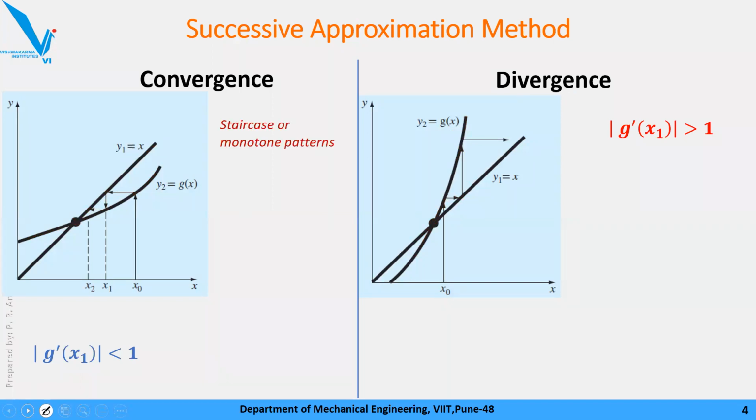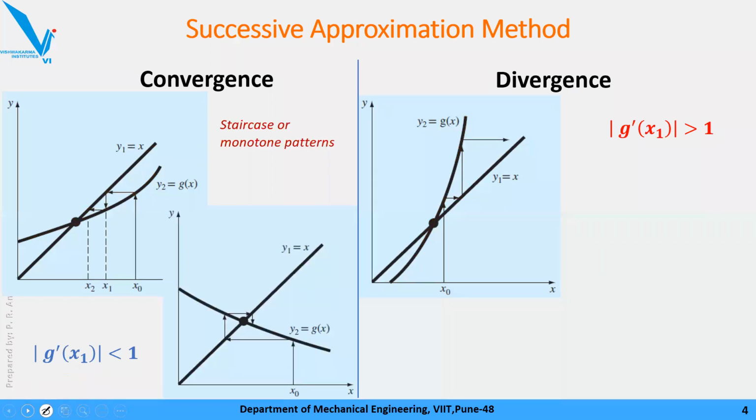Next, sometimes we might go towards the root in a spiral fashion, following the spiral pattern. See, we started with x0, put it into g of x, and we got this point.